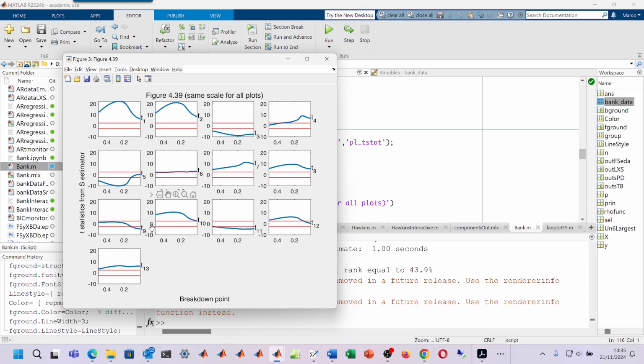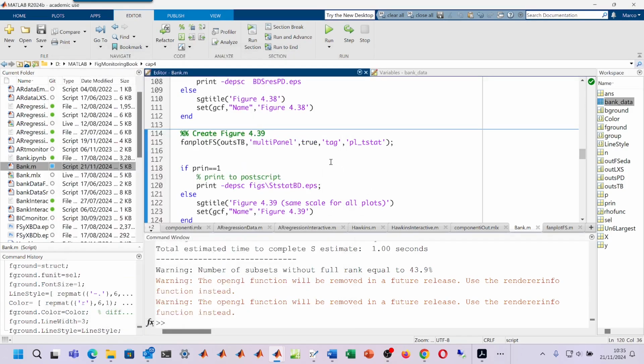Then it becomes significant but with a negative sign. So you can see that this is what we call the power of monitoring. You can appreciate and analyze how the significance of the explanatory variable changes as the breakdown point changes.